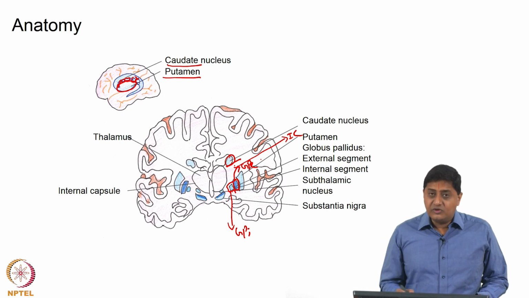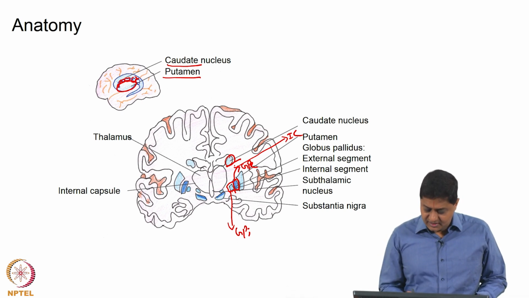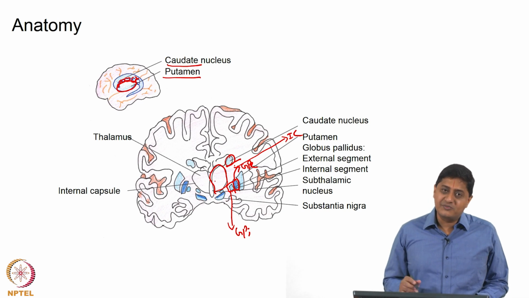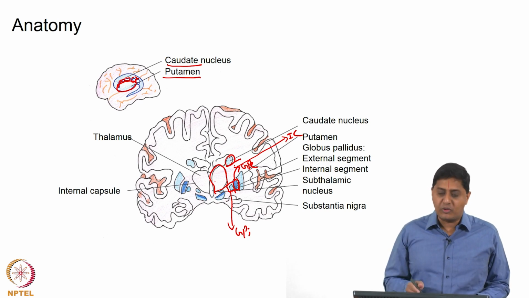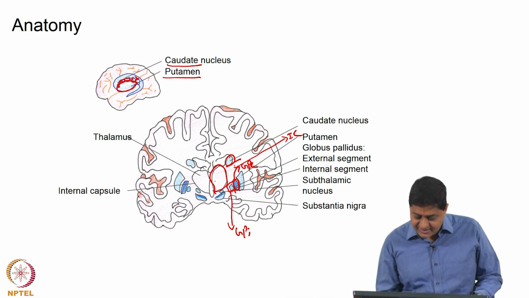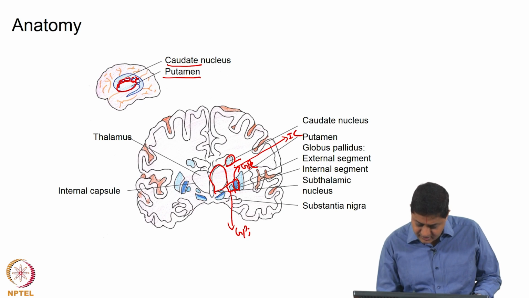Of course, the most medial among them is the thalamus, which is not exactly part of the basal ganglia, but conducts output from the basal ganglia to the cortex through thalamocortical loops. Okay. Now, just below the thalamus you have a relatively small nucleus on both sides.